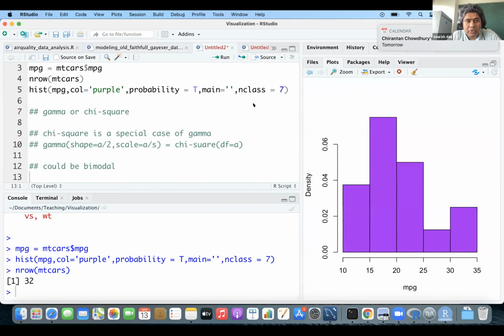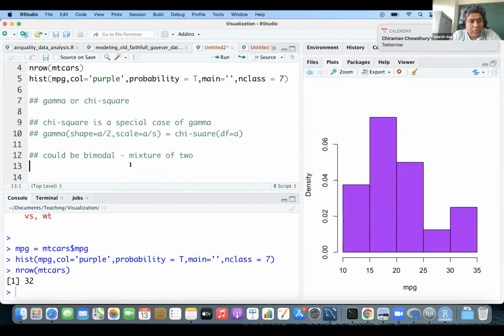Somebody suggested a positively skewed normal distribution. Could be, mixture of two. So one suggestion is positively skewed normal.